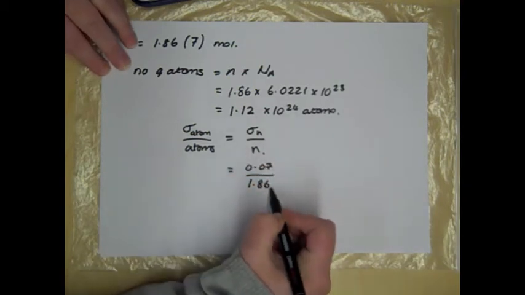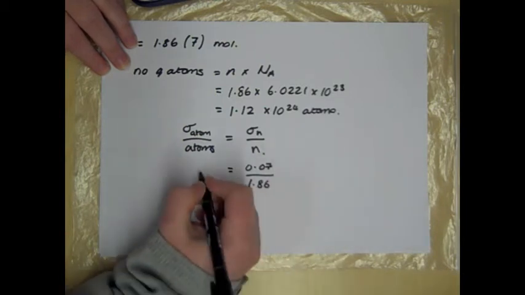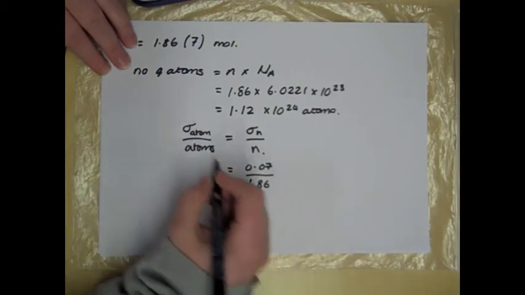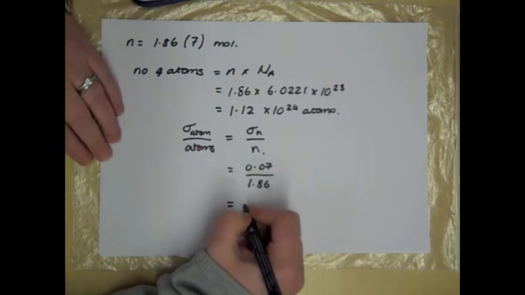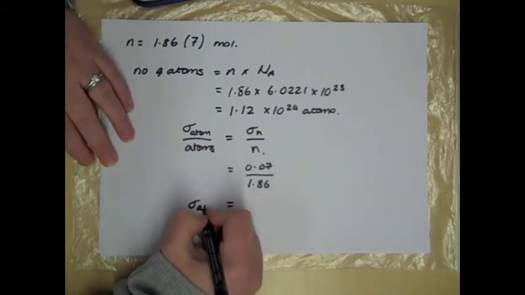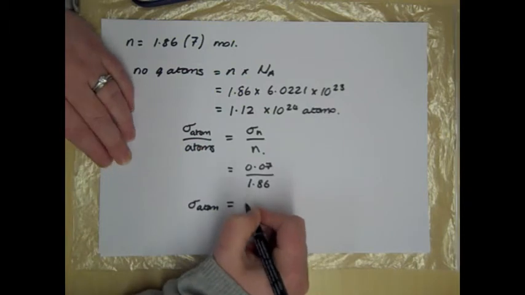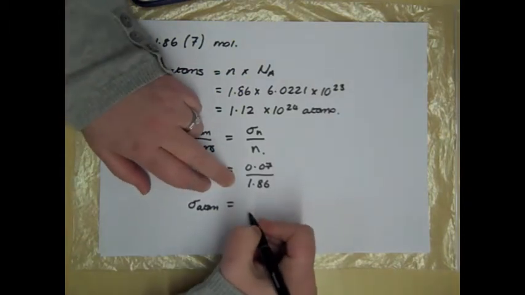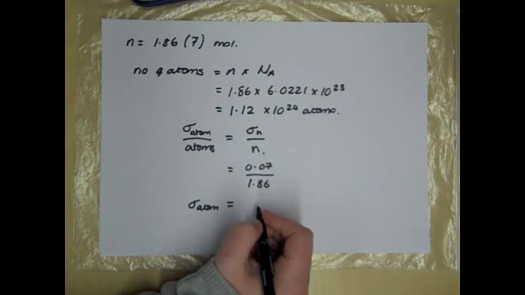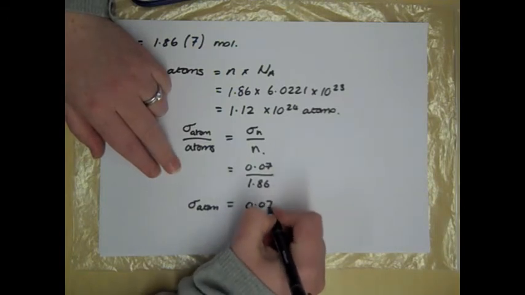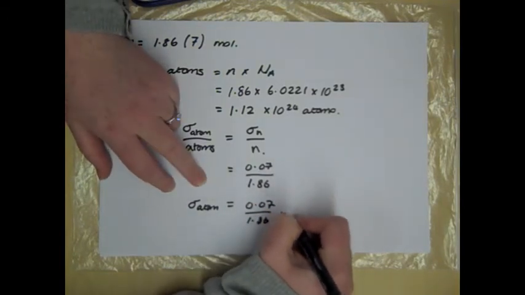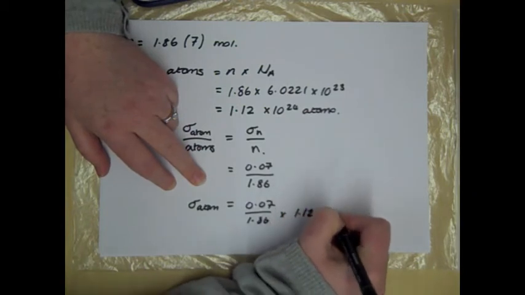So 7 uncertainty in this last digit divided by this is equal to my uncertainty in my number of atoms divided by my number of atoms. And so if I just multiply this value here by the number of atoms I have, so 0.07 divided by 1.86 multiplied by 1.12 times 10 to the 24.